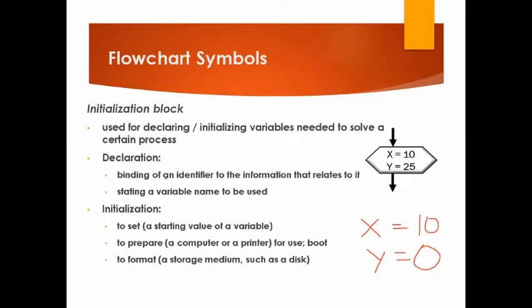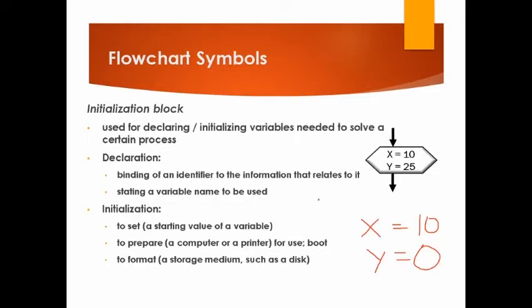Okay, so if we talk about declaration, it's a binding of an identifier to the information that relates to it. I'm stating a variable name to be used. So again, we will need to use a variable. I know that you are familiar with it, because I think it was discussed already in your mathematics subject.